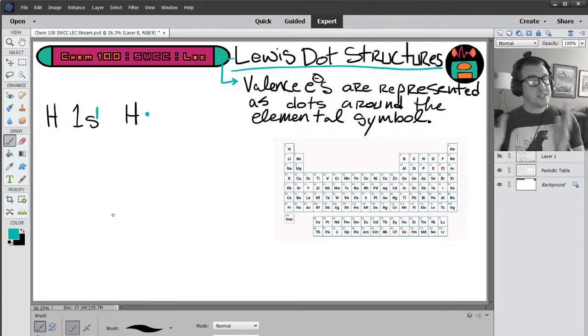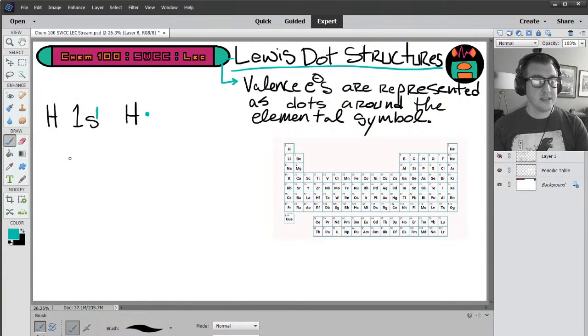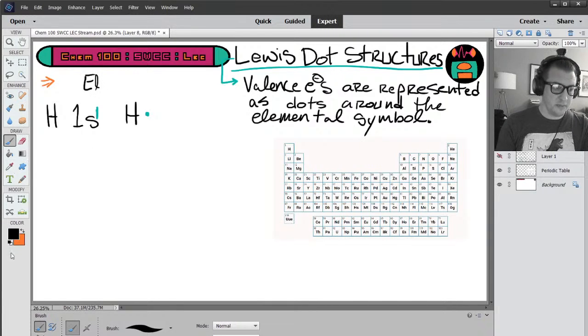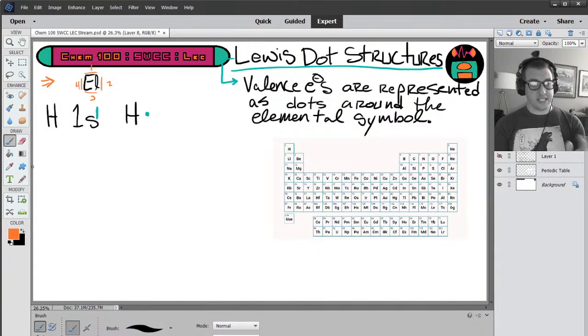All right. Now, something to keep in mind about Lewis structures is, when you're looking at the elemental symbol, I'm just going to write L for some element, there are 1, 2, 3, 4 sides to the elemental symbol.